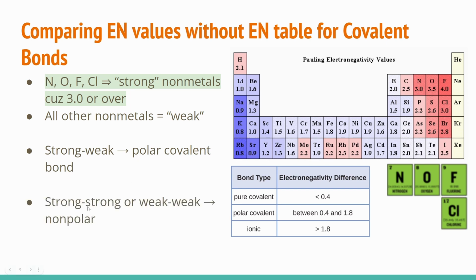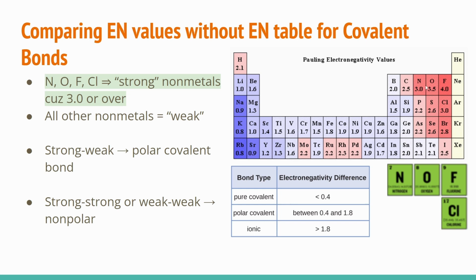If I have anything with strong and strong or weak and weak, we in general will consider that nonpolar. Is this very scientific? No. But it's very useful for when you're answering a multiple choice question and you don't have these values in front of you to calculate whether it's going to be polar or nonpolar.